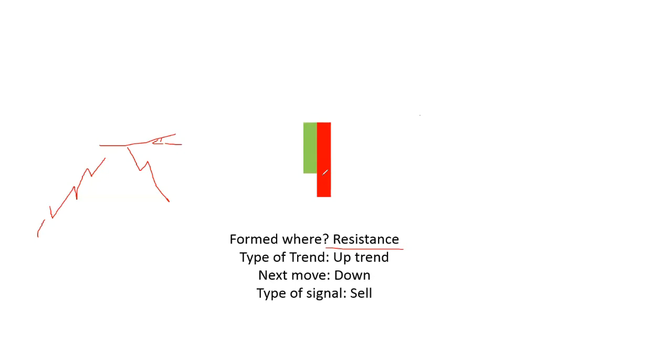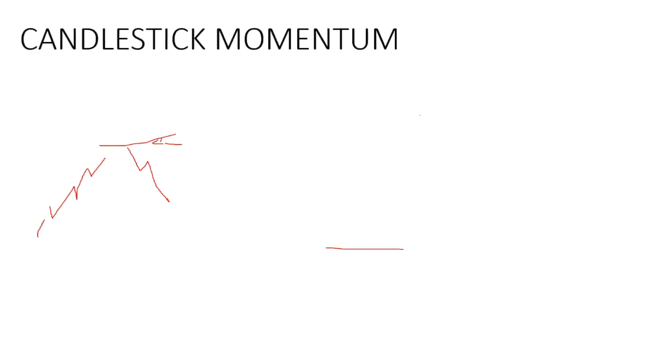But this is a tool that we can also use. We won't say we're selling because of this only. For us to sell, we'll be looking at this happening at a specific critical area, a specific pattern formed, and all those. So that was the bear engulfing candlestick.